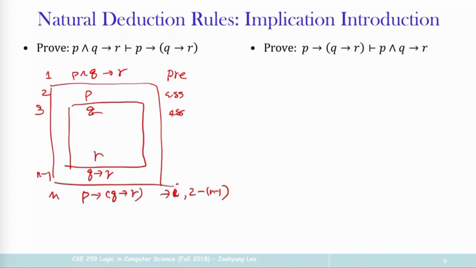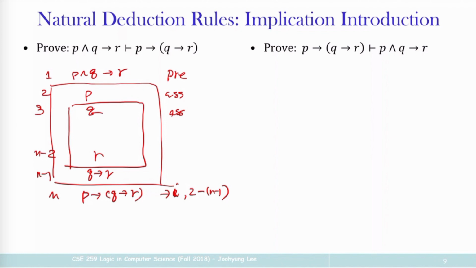Okay, so at this point we have to close the gap between line 3 and n minus 2, because we only need to derive R. So look at this. Line n was a bit complex formula, but now n minus 2 is a much simpler formula. Line 1 was a bit complex, but now if you look at 3, it's actually a simple formula. So we actually got many simple formulas. So maybe there's a chance that we can close the gap between line 3 and n minus 2.